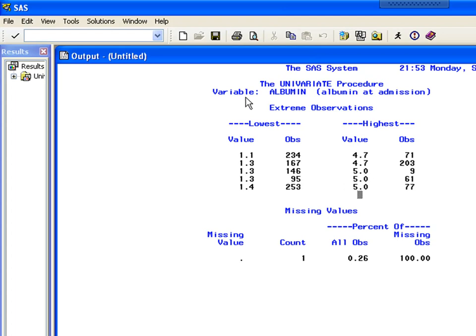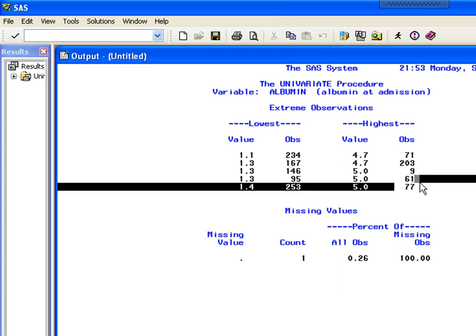In my own work, when I'm looking at proc univariate, I often come to this section first to find those really grossly mistyped data values, because there's no sense in looking at all the other statistics if you've got grossly mistyped values which you need to go back and correct. And by the way, notice that SAS not only tells you what those 5 smallest and 5 largest values are, for each value it tells you what the observation number is.